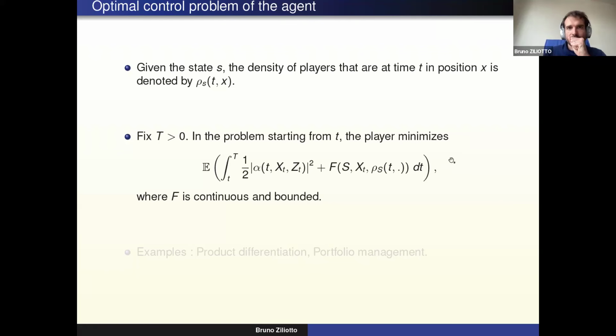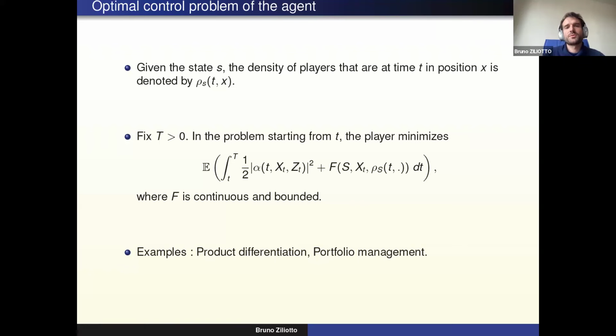Okay, so this is the cost function, and I think it's nice to have some idea of applications that could be done with this kind of model. The first one we thought about was product differentiation. Imagine that players are companies.